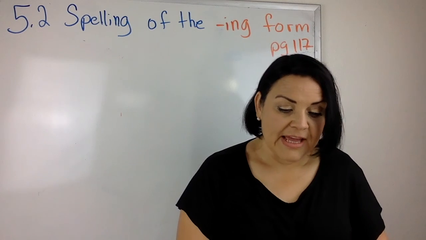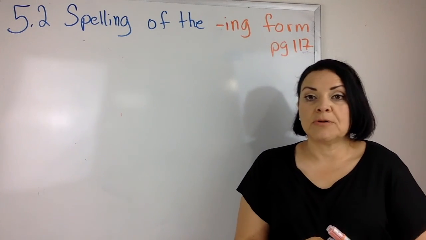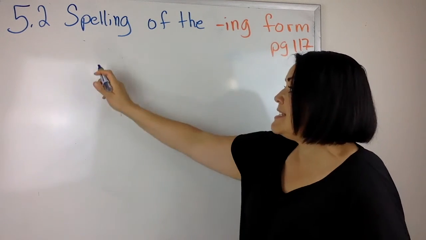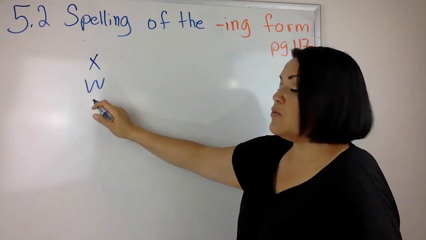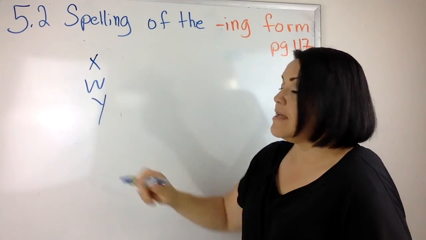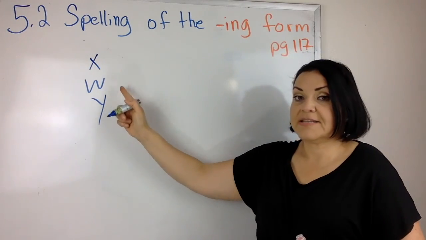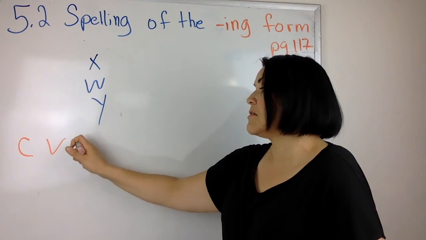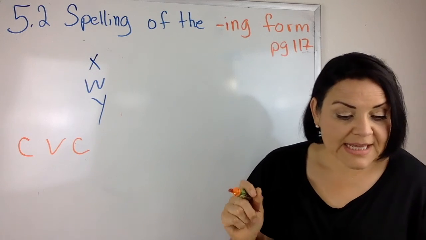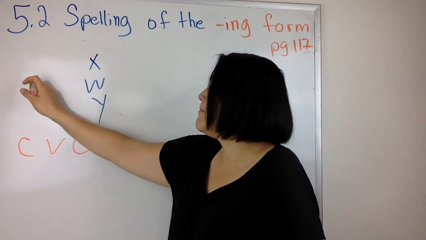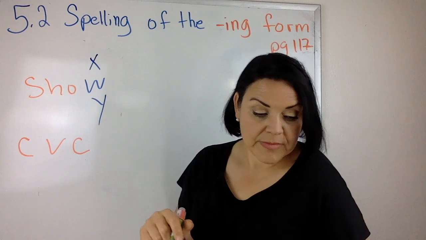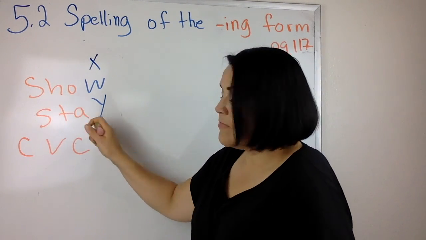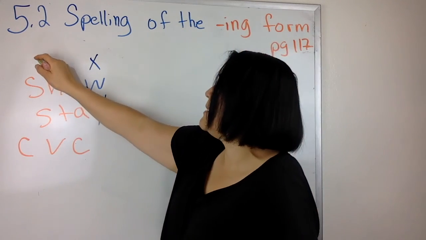So if there's a word that's one syllable, but it ends in X, W, or Y, we do not double it. This one has a pattern of consonant, vowel, consonant. The examples we have here are show, stay, and mix.